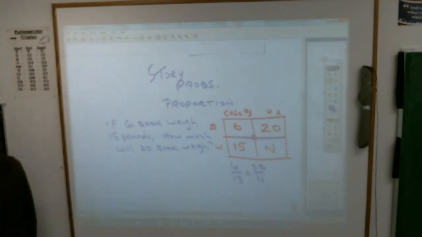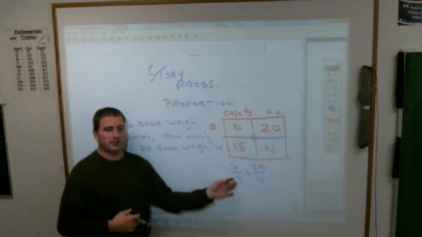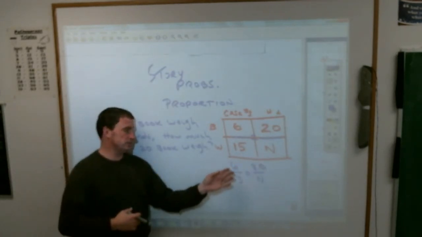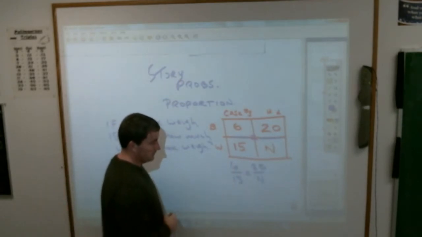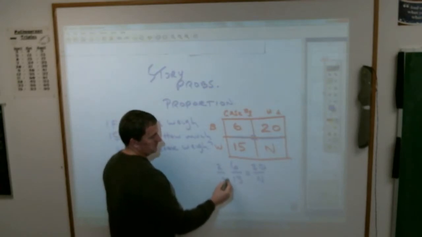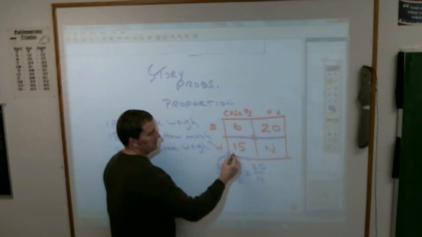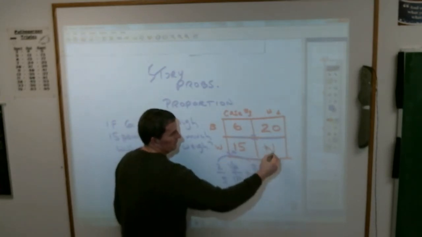You can solve it by cross multiplication, or you can see if this reduces into something that goes into 20. 6/15 divided by 3 is 2/5. Then 2 times what is 20? 10. So 5 times 10 is 50.